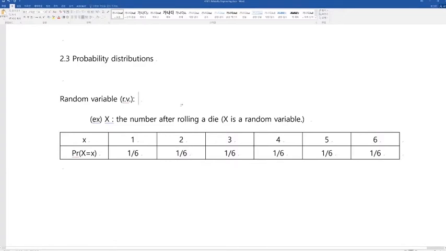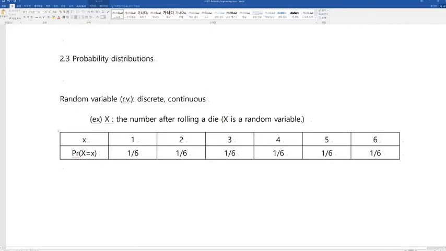So a random variable may be discrete, or it may be continuous.